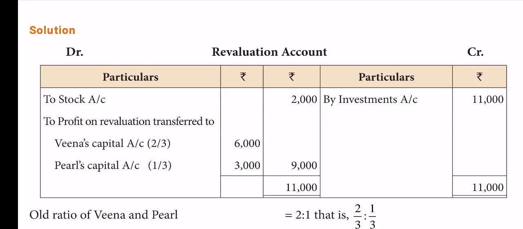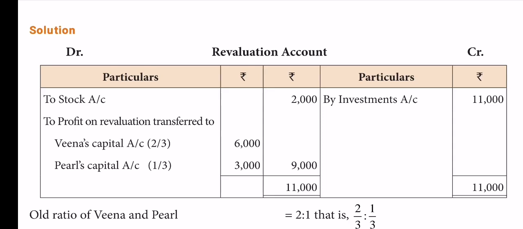If you balance it, 11 minus 2 is 9,000. That 9,000 is shared by the two partners in the ratio 2:1, that is 2/3 and 1/3, so you will get 6 and 3. Therefore transfer 9,000 in the outer column of the revaluation account.